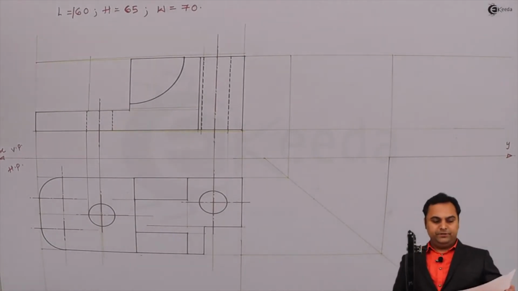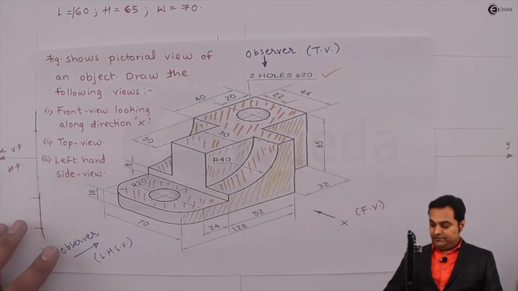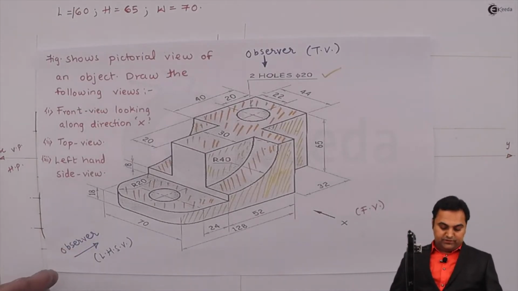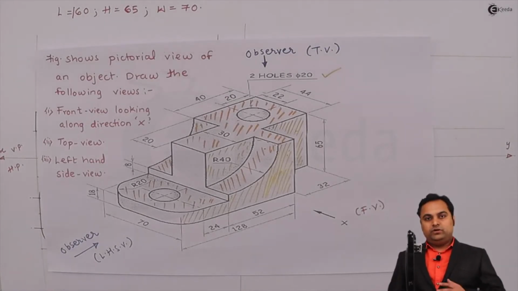So here is the complete top view. Next I have to draw the side view, and for that, as an observer, we are on the left hand side because we have to draw the left hand side view towards the right.